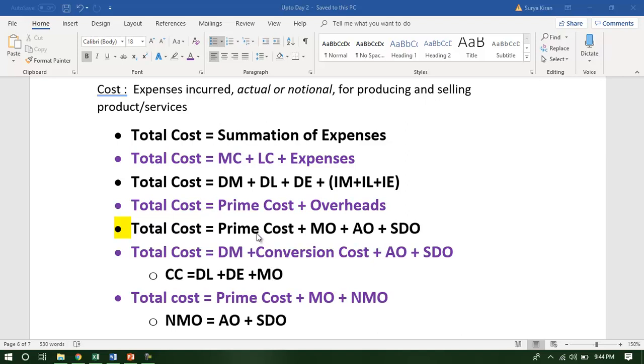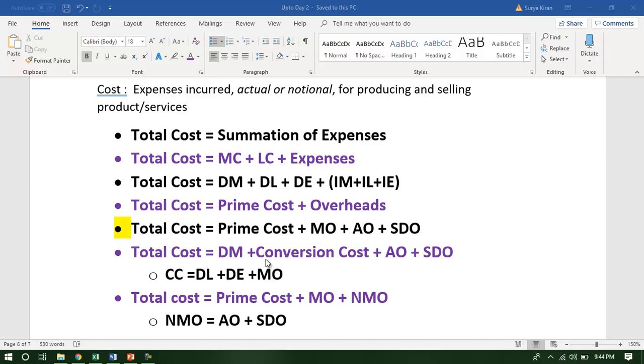Now the same PC plus MO plus AO plus SDO can also be presented as direct material plus conversion cost plus admin overhead and SDO. So what is this conversion cost? The conversion cost is direct labor, direct expenses, and manufacturing overhead.